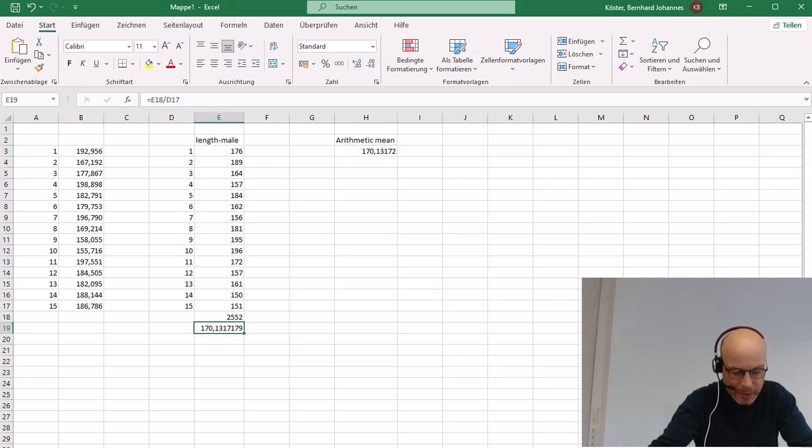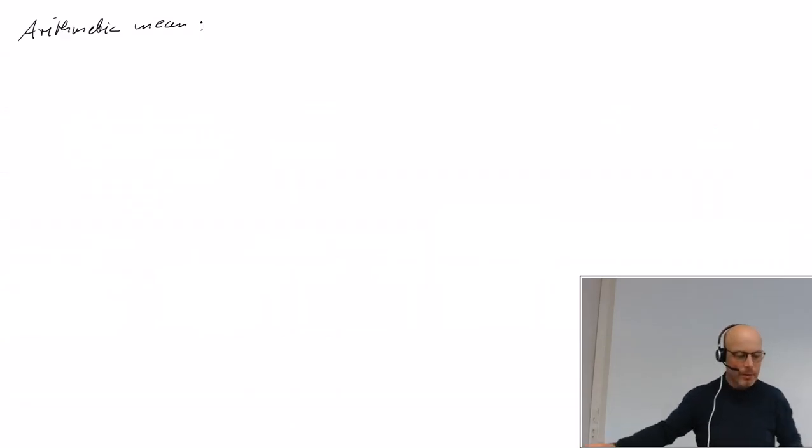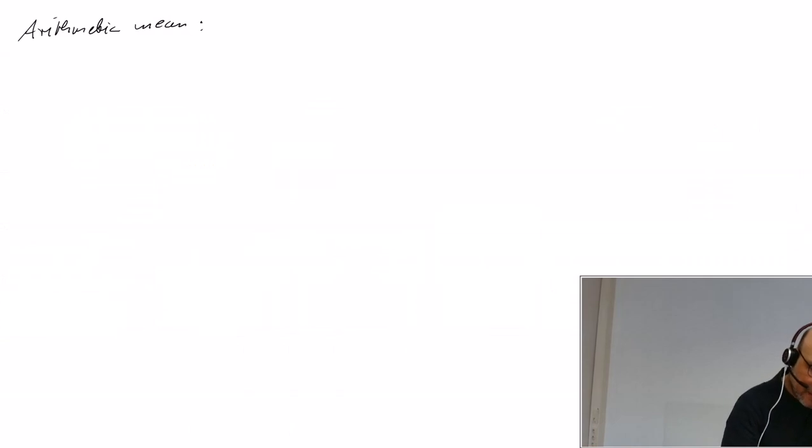Here we have the same numbers. So arithmetic mean is x bar equals 1 over n sum xi, i from 1 to n.